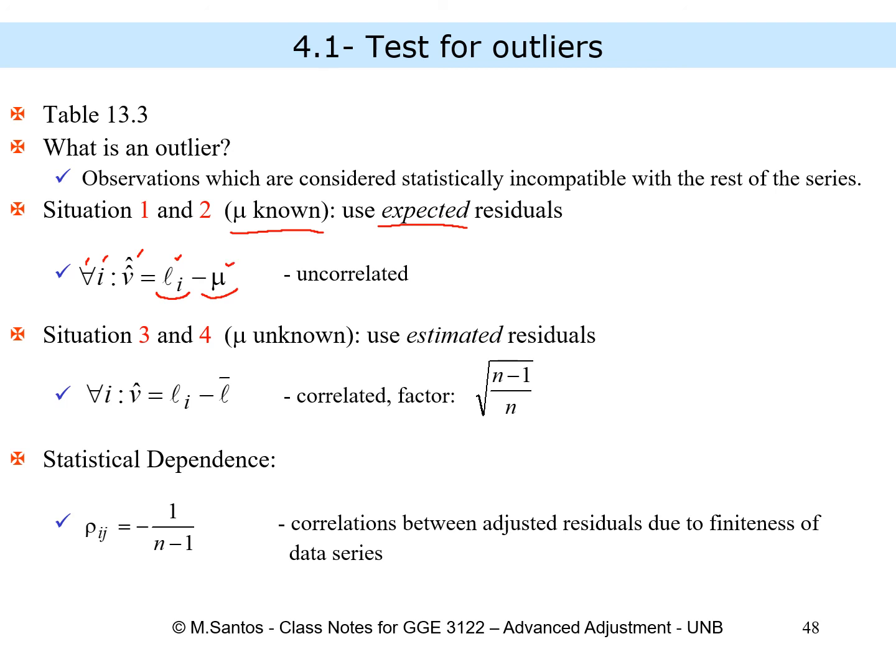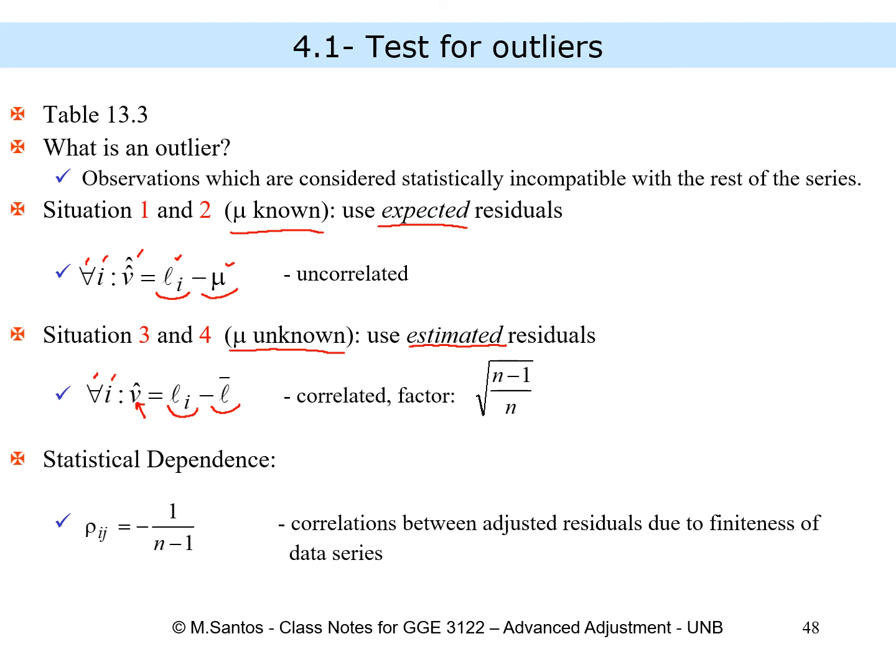In situations 3 and 4, when the population mean is unknown, we are estimating the residuals from the sample. So for every observation i, the estimated residual V is going to be the difference between the observation and the mean value of the observations.